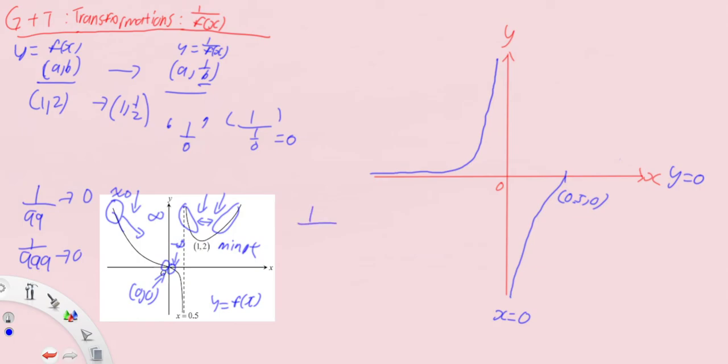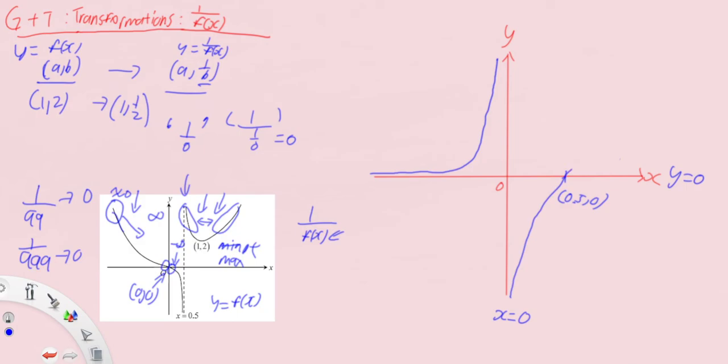So if you take 1 over f(x), the larger the value, the smaller the 1 over f(x) will be. The larger f(x) will result in a larger denominator. 1 divided by a larger number would give you a smaller number. As such, this then becomes a maximum point at (1, 1/2). And you notice that this part of the graph is joined to this.